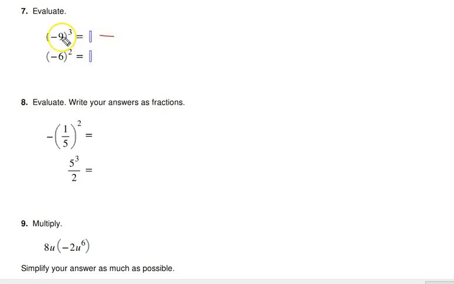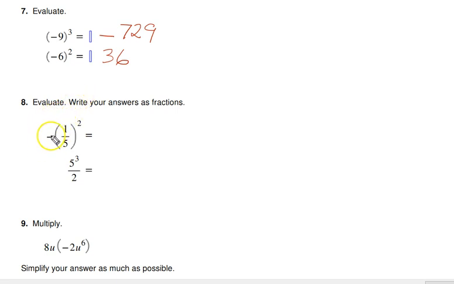And just 9 to the third is 729. Now, within a parentheses, a negative value raised to an even power is always going to be positive. So 6 squared is 36.